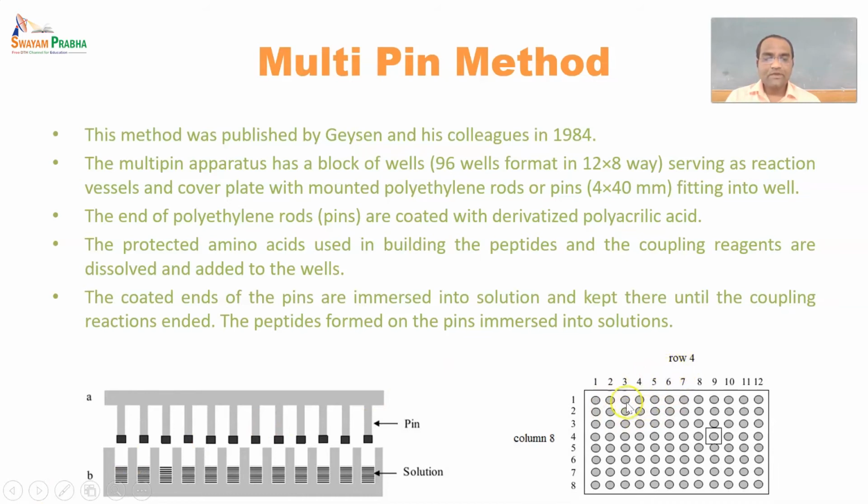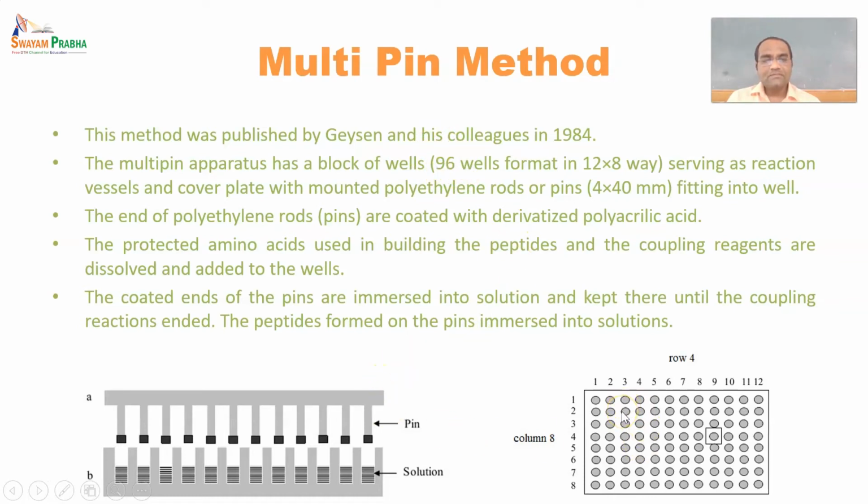By looking from overhead, we can see such wells. There are 12 wells, as was said earlier, in 8 rows, and a total of 96 reactions can be carried out at a single moment.